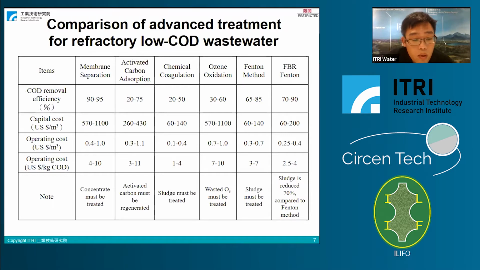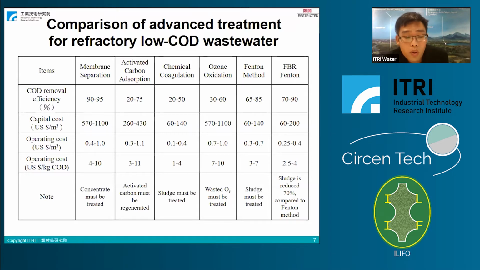This table is a comparison of treatments for refractory lower COD wastewater, including membrane separation, carbon adsorption, chemical coagulation, ozone, the conventional Fenton method, and FBR-Fenton.